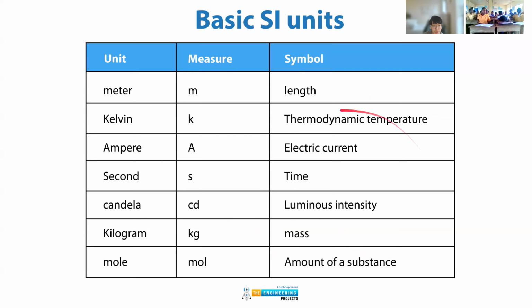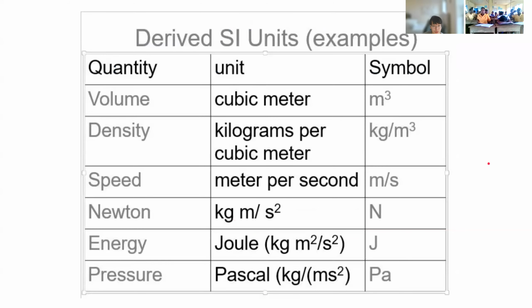And from these units, we can have derived units. Derived units are combinations of units to make scientific calculations. We have volume, which is cubic meters. So we multiplied meters 3 times.